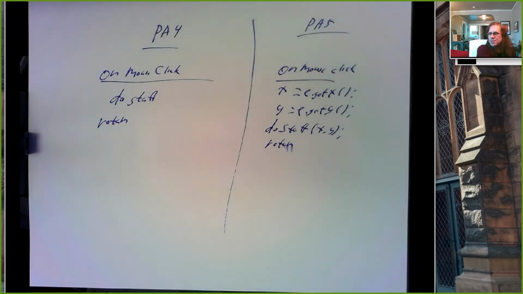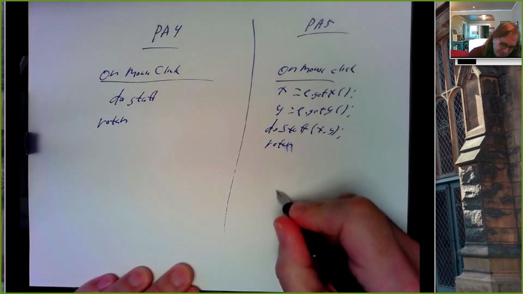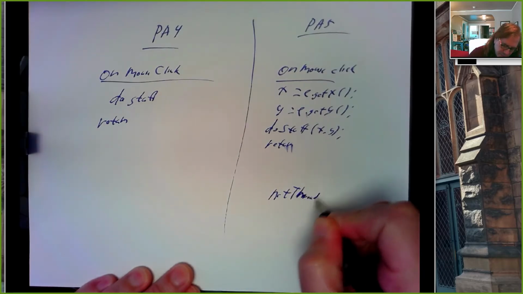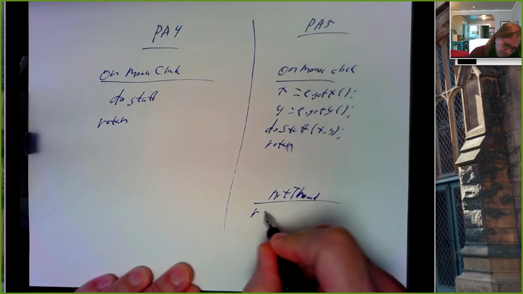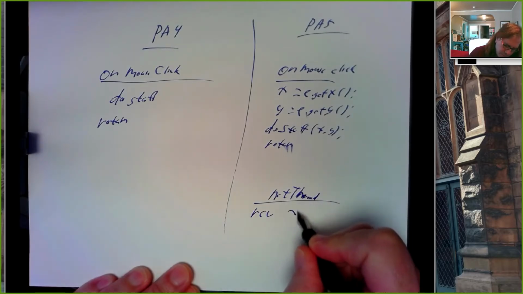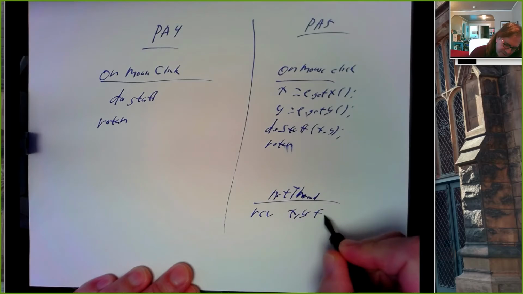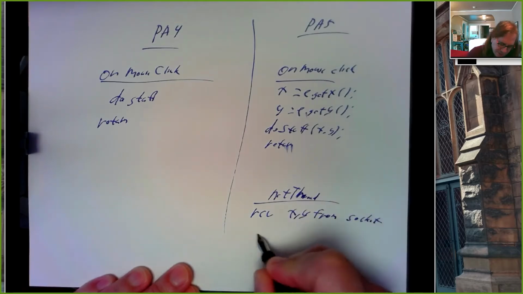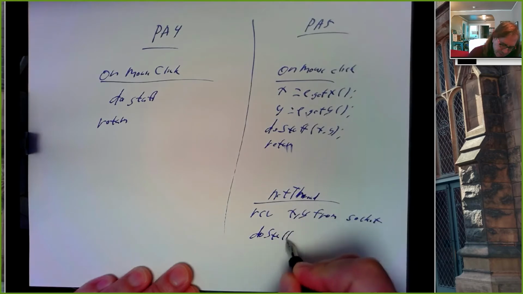Move that into a separate method, and then in your netThread, receive your XY from the socket, and then call do stuff with XY.